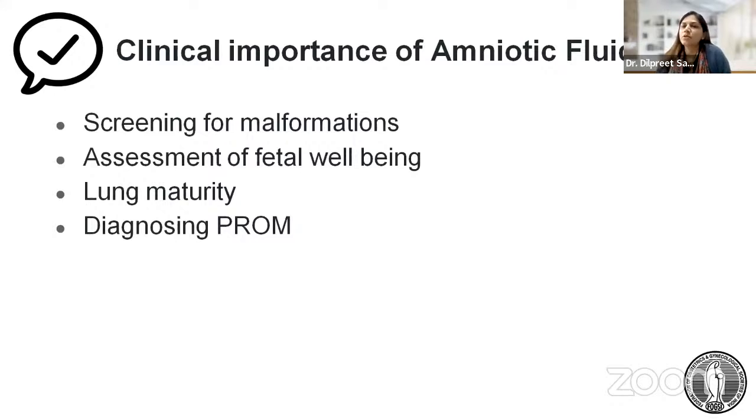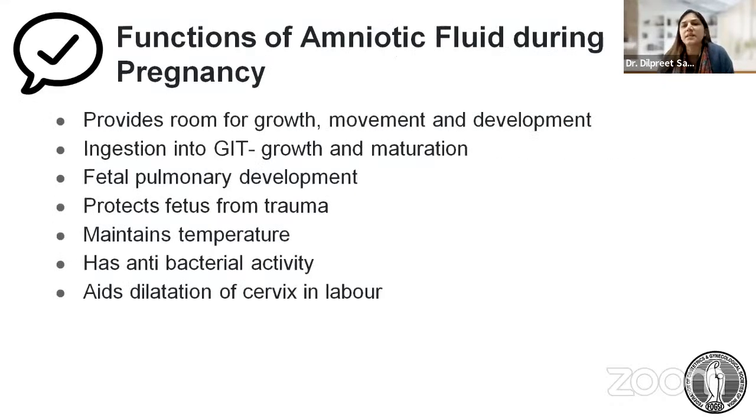We get a lot of information about fetal well-being. Another is, as we discussed in the previous slide about the functions of amniotic fluid, its antibacterial activity. This is very important in the natural course of labor, if we are not doing ARM, not like earlier when we were not following active management for the first stage of labor.